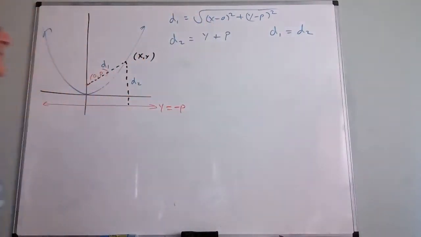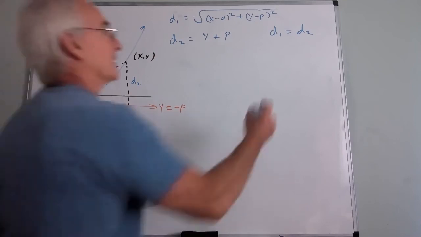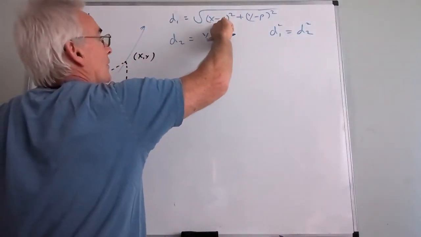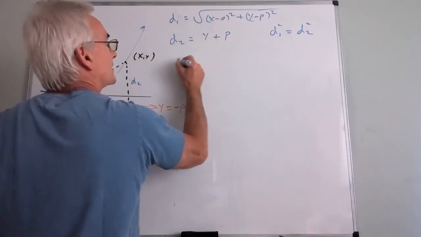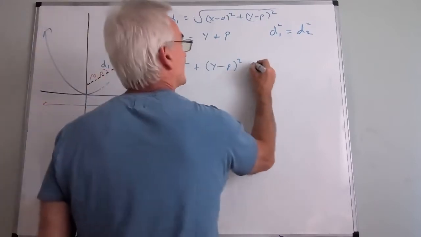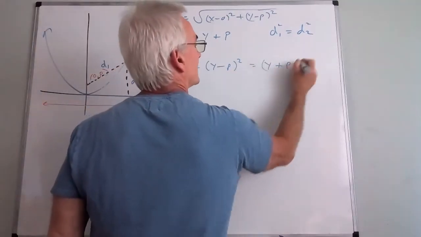Well, that square root on the top is going to make this kind of tricky unless I do what? Algebra. What can I do? Square both sides. So if I square the left side, I'm going to have x squared plus y minus p squared. If I square the right side, I'm going to have y plus p squared.